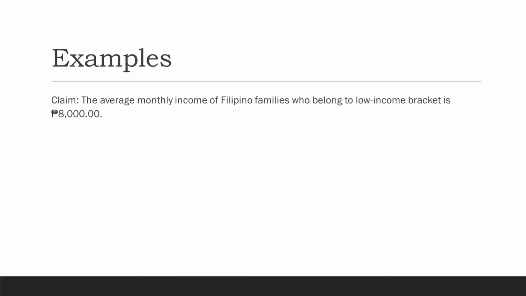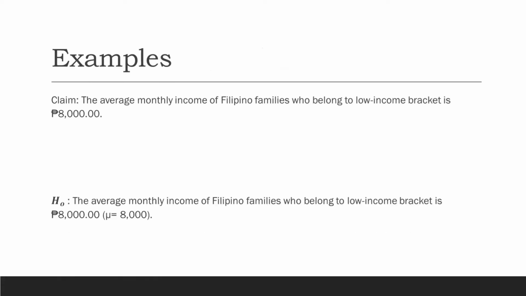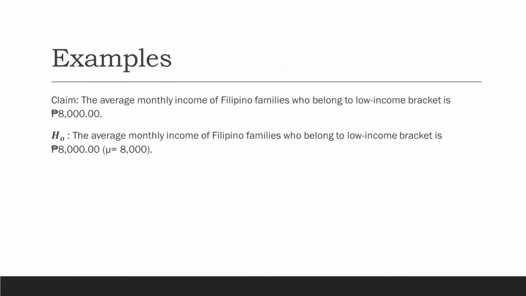So let's claim the average monthly income of Filipino families who belong to low income bracket is 8,000 peso. So for our null hypothesis, the average monthly income of Filipino families who belong to low income bracket is 8,000 peso.